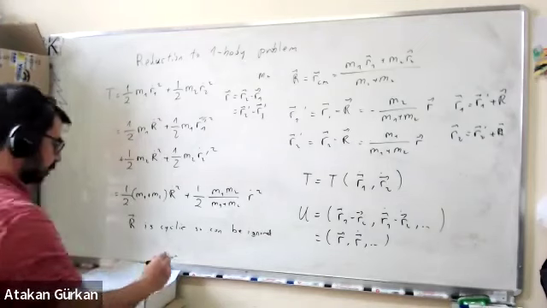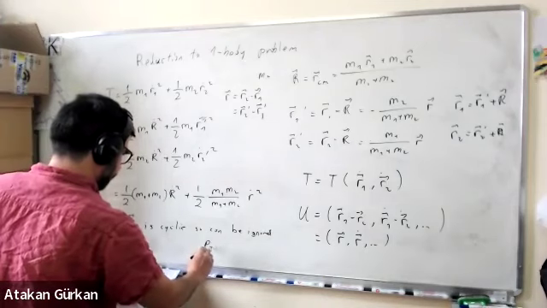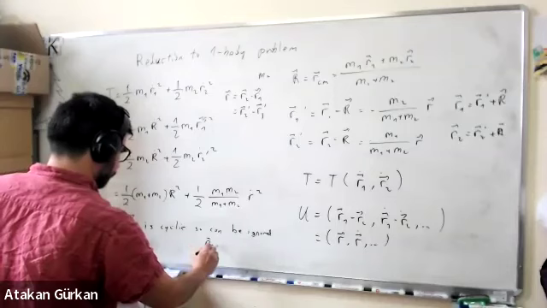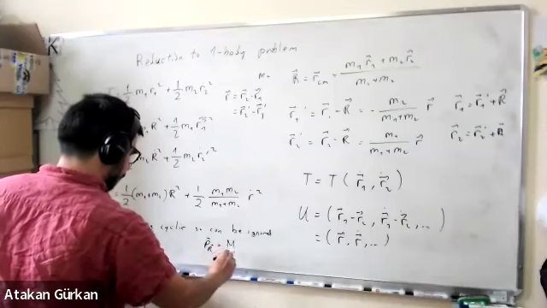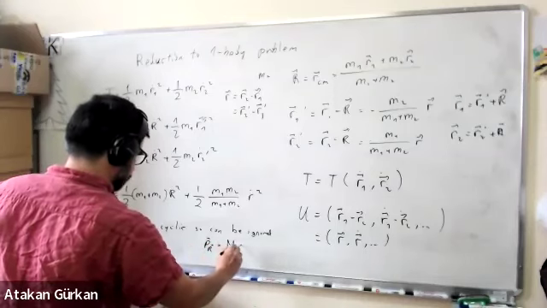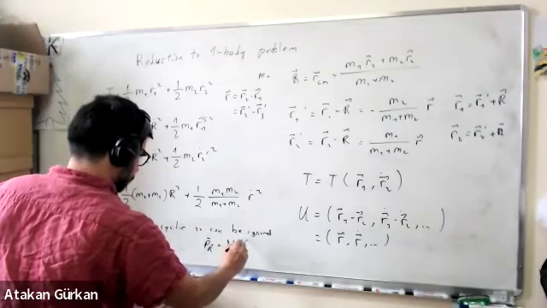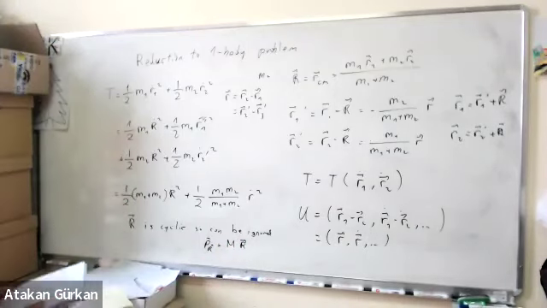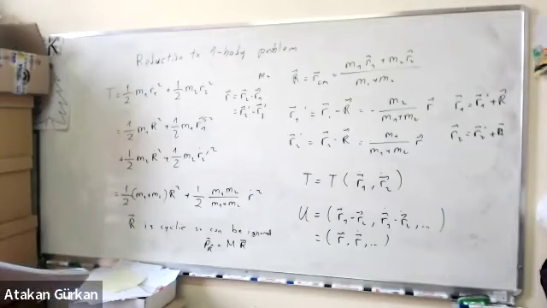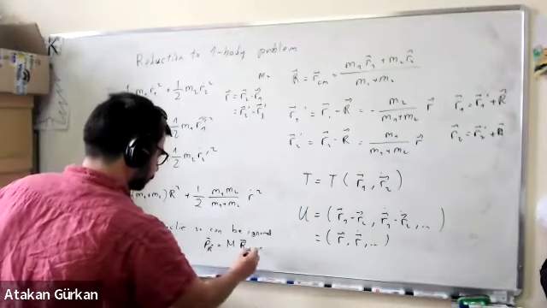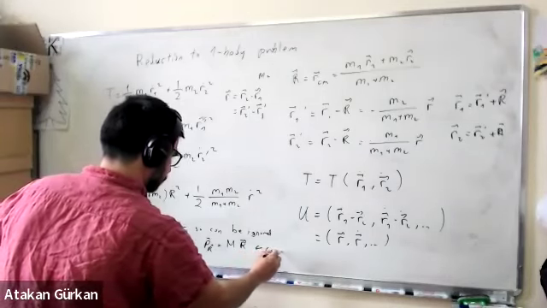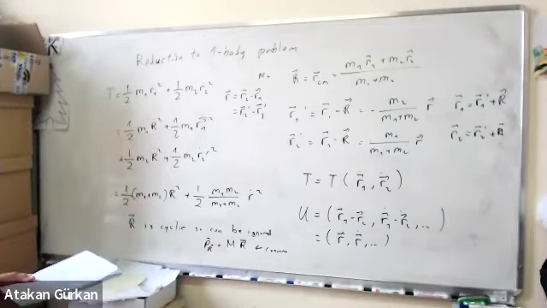And the conjugate momentum for R is going to be m times, so this is conserved. Any questions?